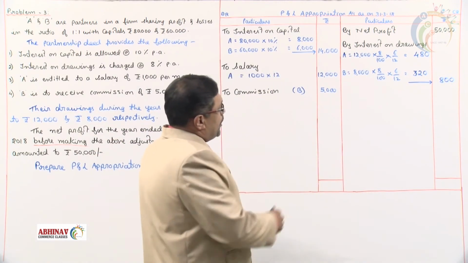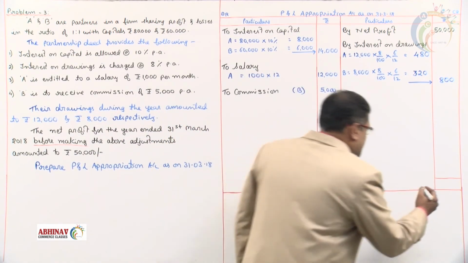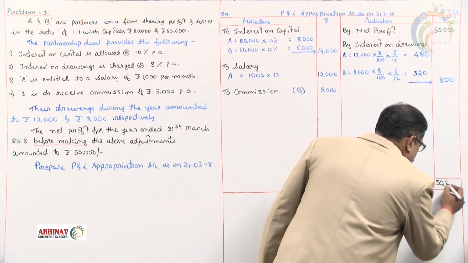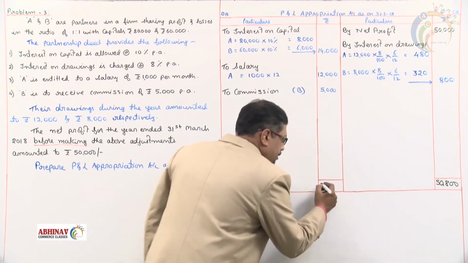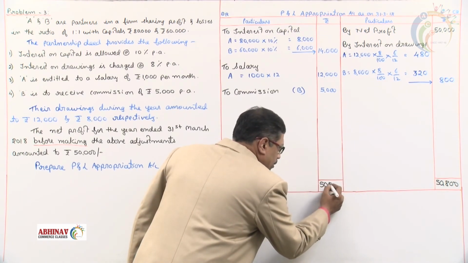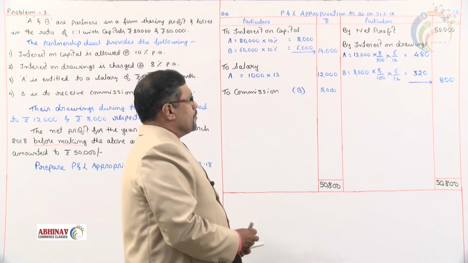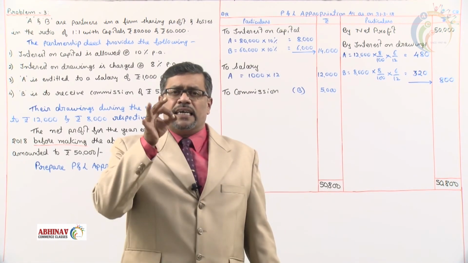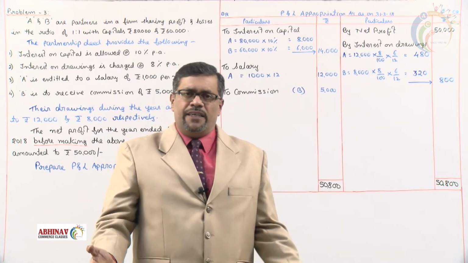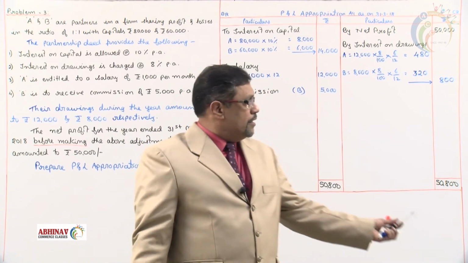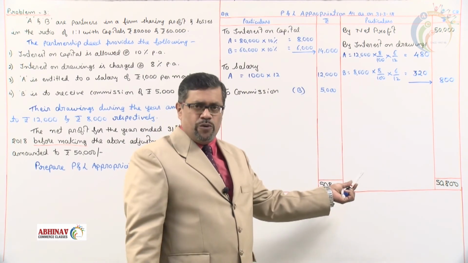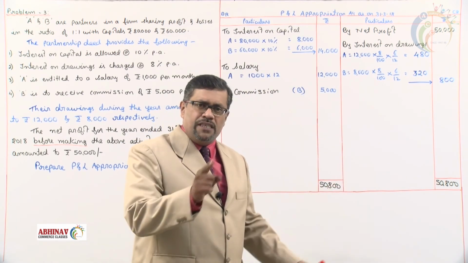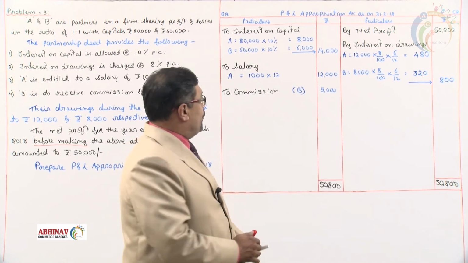Now, the total of the credit side is more. 50,800, which we write on both sides of the account. Credit side total is more, that means we are going to get a credit balance. Credit balance means profit. And moreover, your income side is more, which means the balance is naturally the profit.